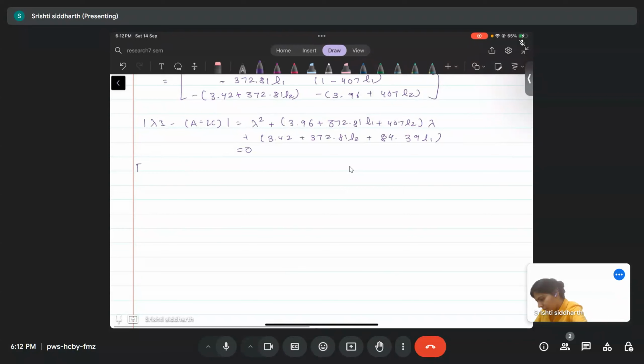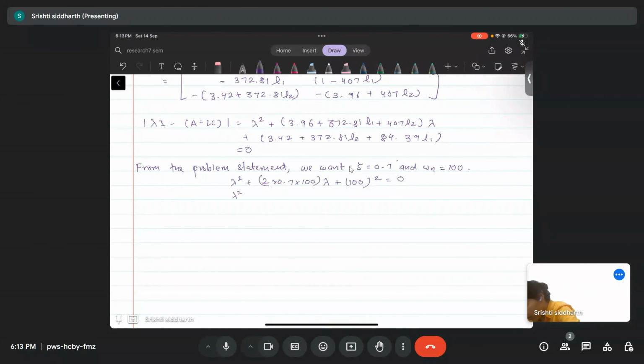And from the problem statement, the objective is that we want zeta to be 0.7 and omega n to be 100. So what's the desired characteristic equation? We have lambda squared plus 2 times 0.7 times 100 lambda plus 100 squared equals 0.